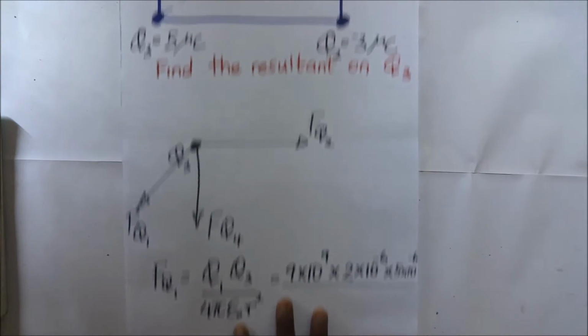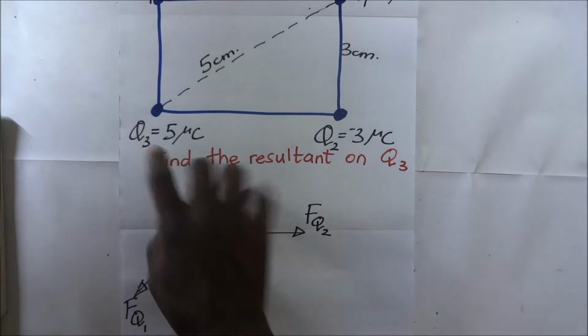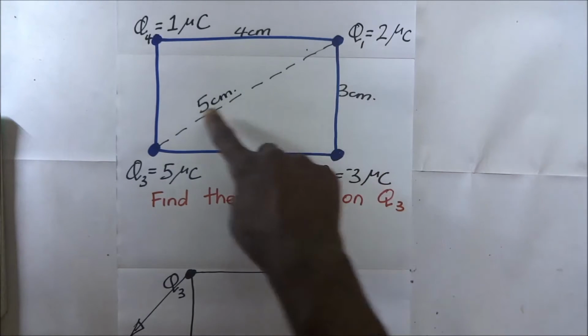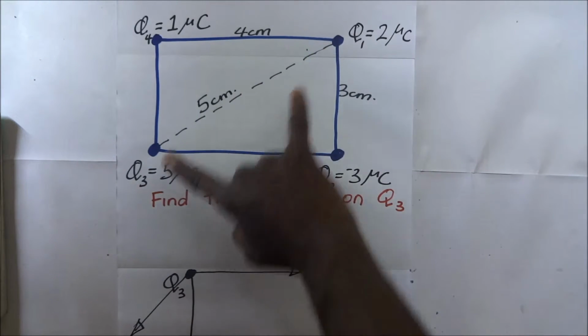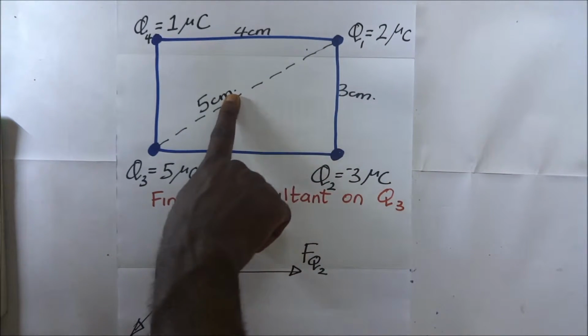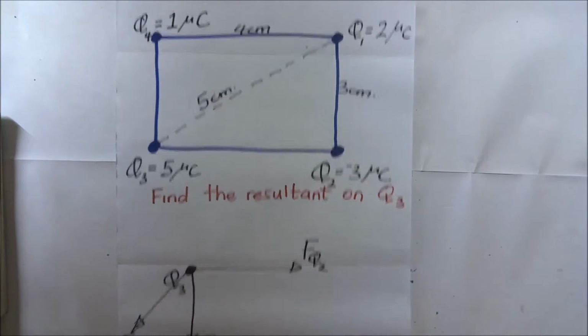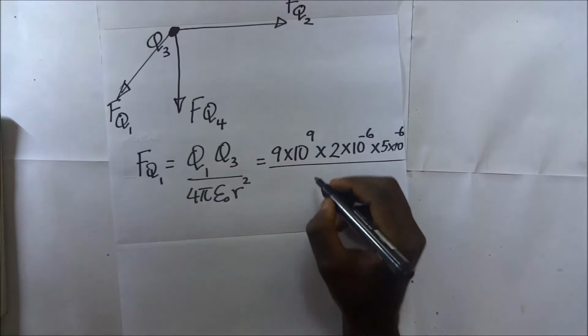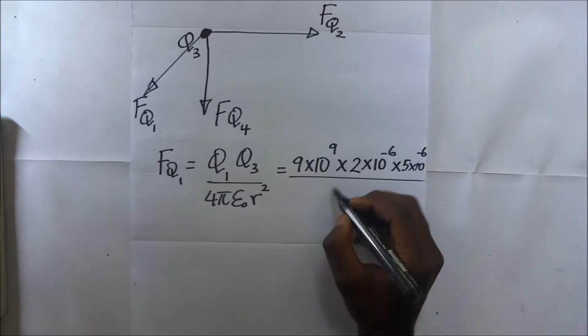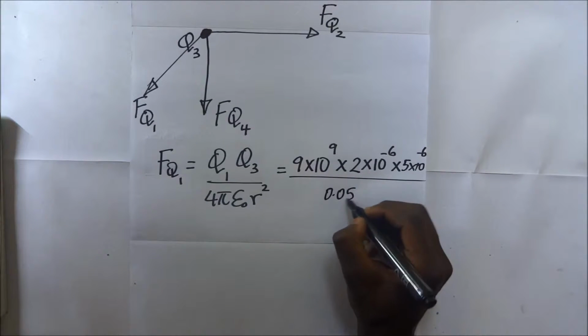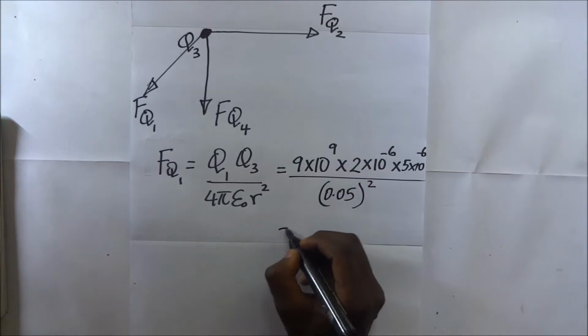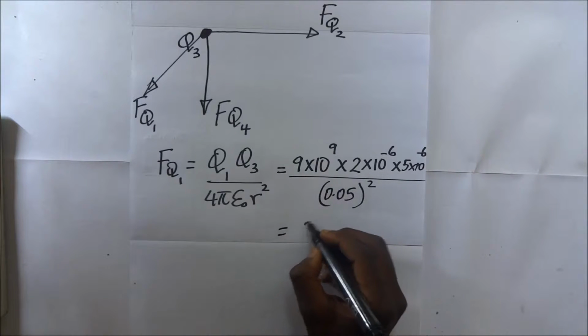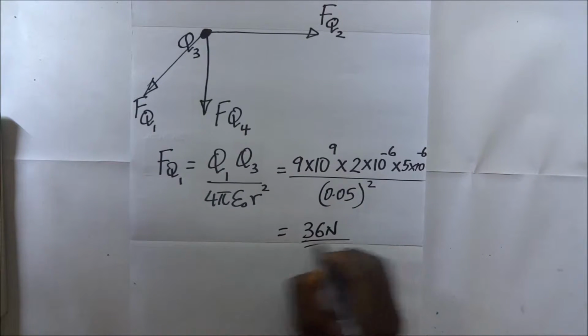What is the distance between them? The distance between Q3 and Q1 is 5 centimeters. Converting this to meters is 0.05 meters. So this is divided by 0.05 squared. And our force FQ1 is going to become 36 newtons.